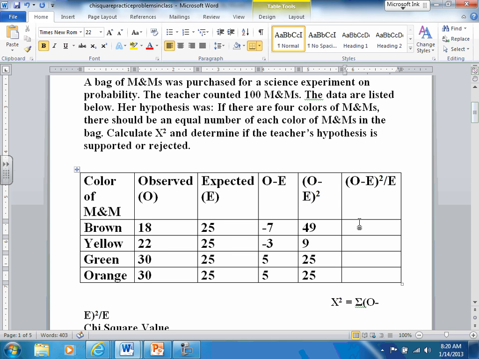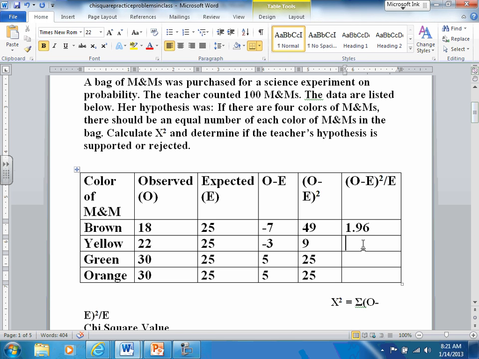Over here, we're going to do the same kind of thing, except this time it's O minus E squared divided by E. So in this column, it's going to be 49 divided by 25, right? 1.96. Let's just run them out to the hundreds place for right now. So 1.96.